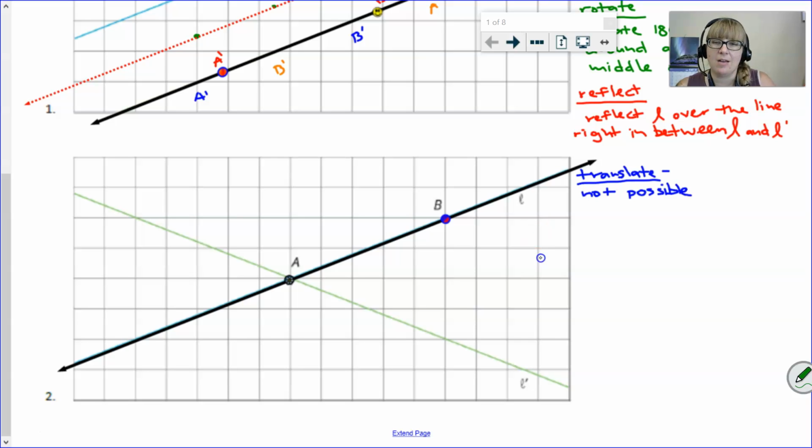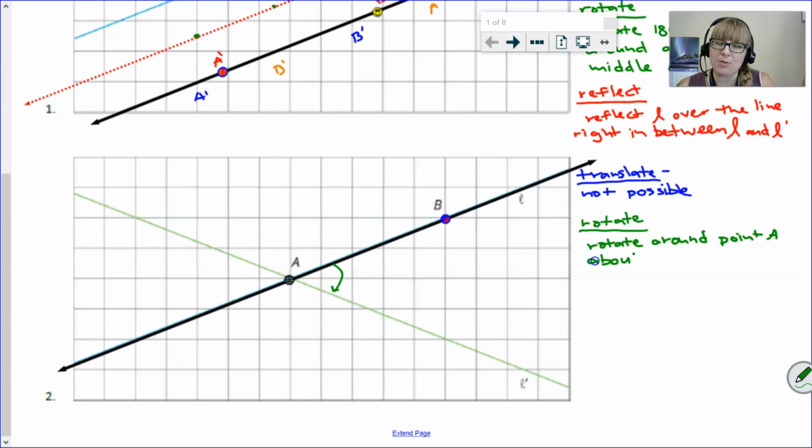To do a rotation, this one was actually a little bit easier to identify. I'd be rotating around point A, and what I would do is I just want to rotate it this amount. So I'm going to write down rotate around point A. And I'm going to estimate that.